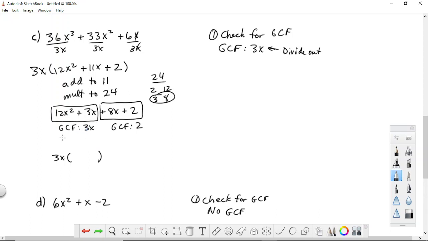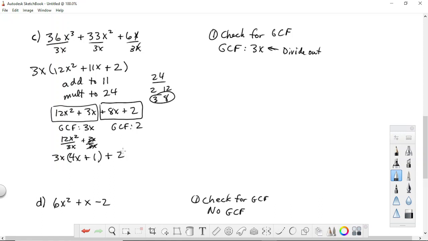So one way to get it is just take 12x squared divided by 3x plus 3x divided by 3x. So now we see 12 divided by 3 is 4, and x squared divided by x, that of course leaves 1x there, 4x, and here we have plus 1, that cancels. Okay, and on this one we're factoring out a 2, and this is plus here. We could write down the plus.